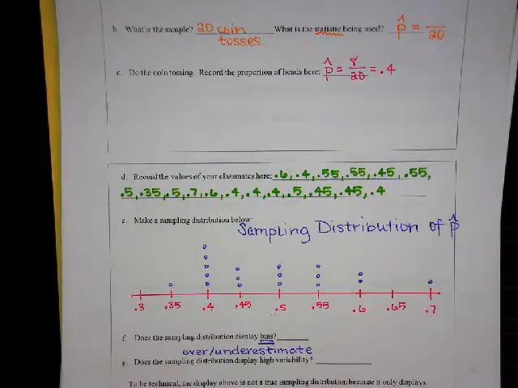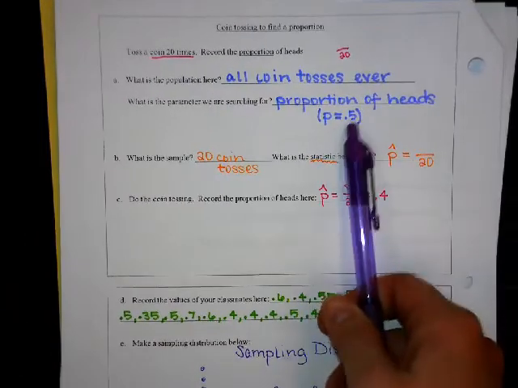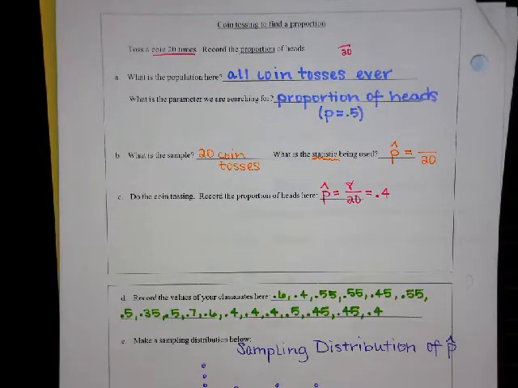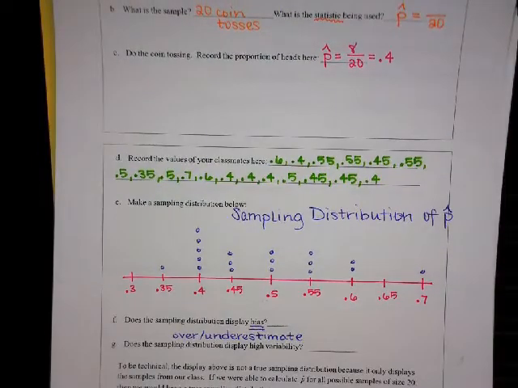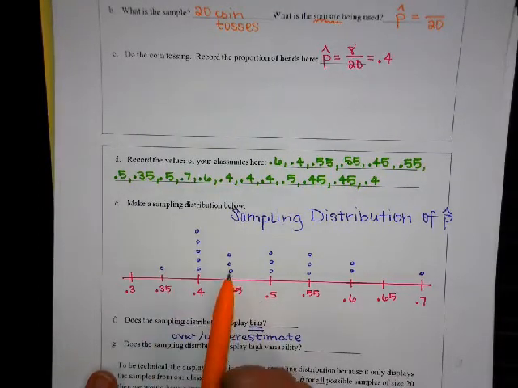Up here, sorry, we talked about the parameter being 0.5. There's 1, 2, 3, 6, 9, 13, 15, 17. I make 18. So there's 18 dots. So our center is going to be the 9th and 10th dot. So 1, 2, 3, 4, 5, 6, 7, 8, 9. So this one and this one.